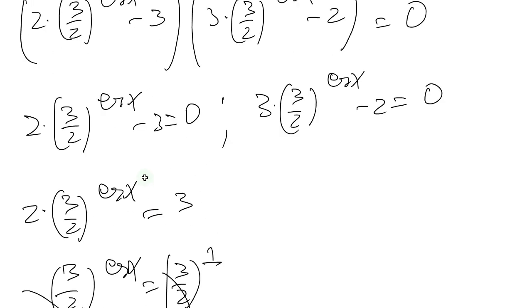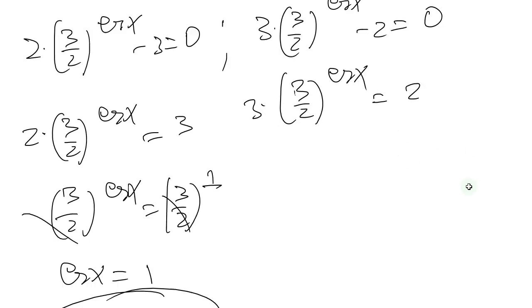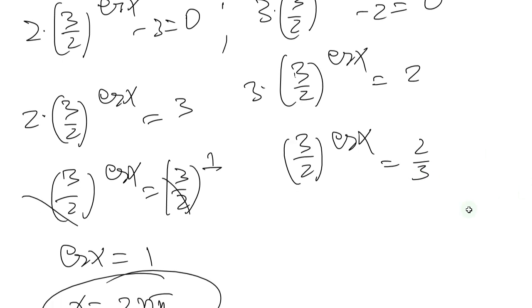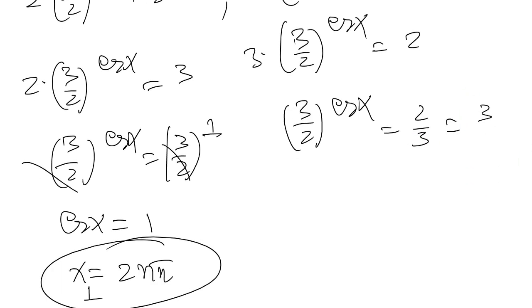The second one, we're going to have 3 over 2 to the cos of x, times 3 equals 2. So this is 3 over 2 to the cos of x equals 2 over 3. And 2 over 3 is 3 over 2 to the negative 1.